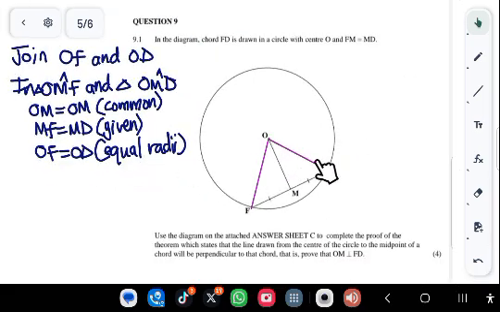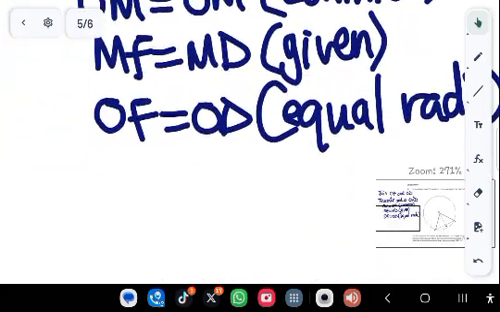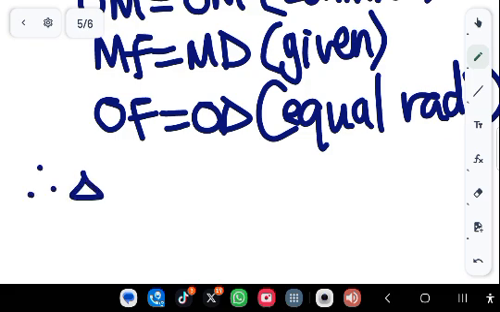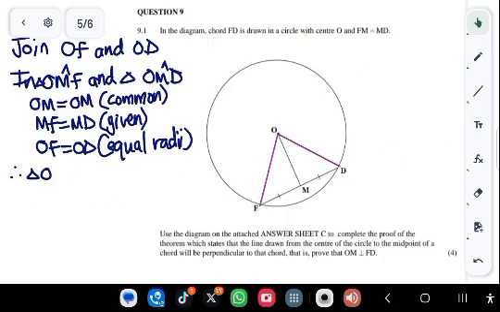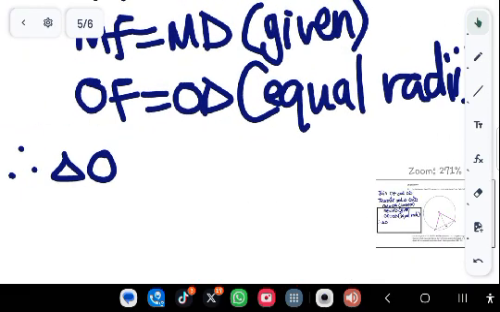And now that this is the case, therefore triangle OMF is congruent to triangle OMD.